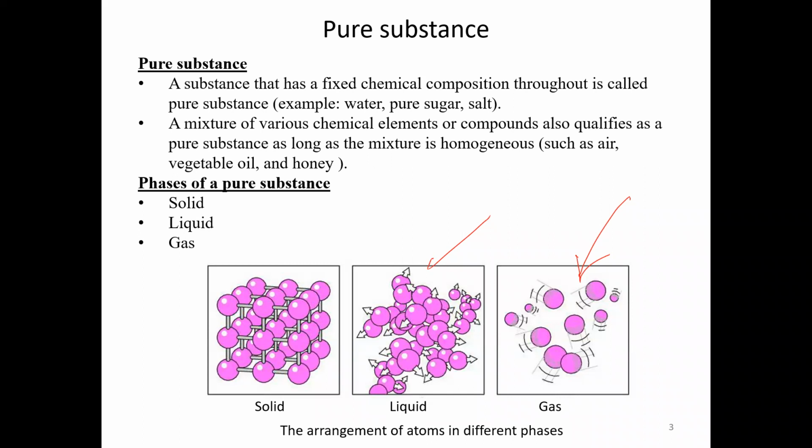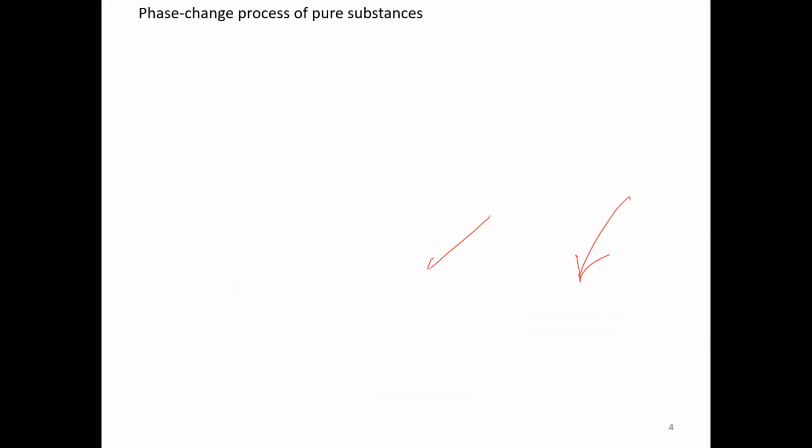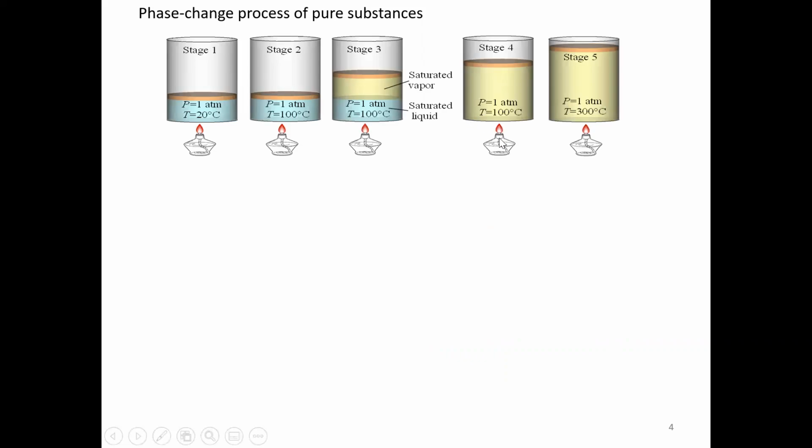Now, the phase change process of a pure substance. Let's imagine that we have water, for example, at stage 1 here.